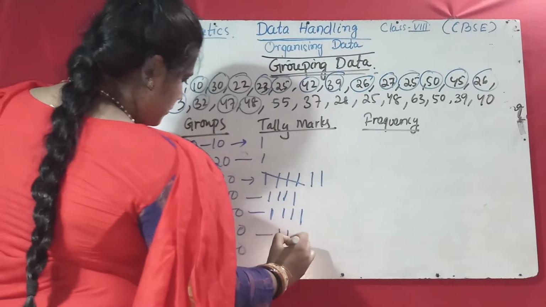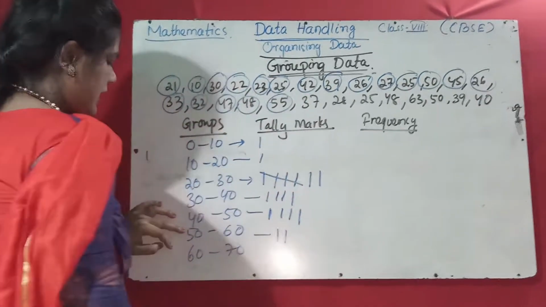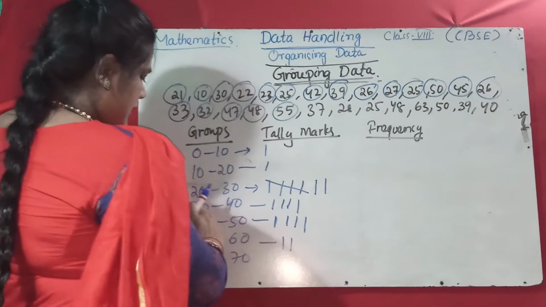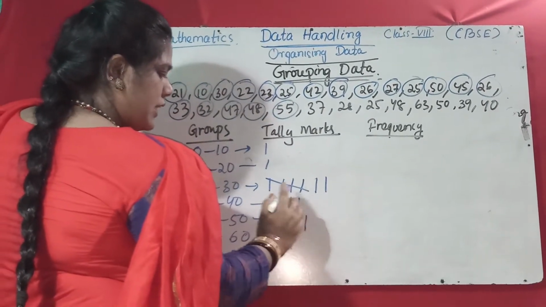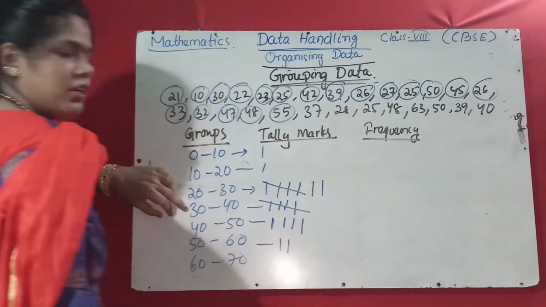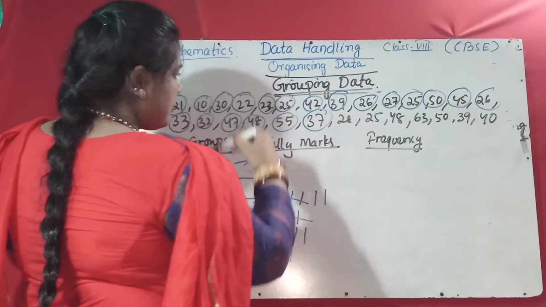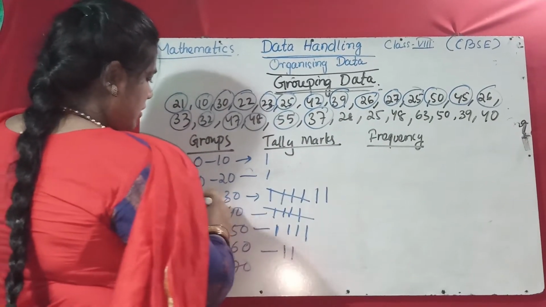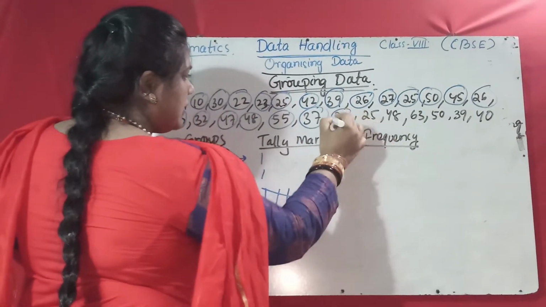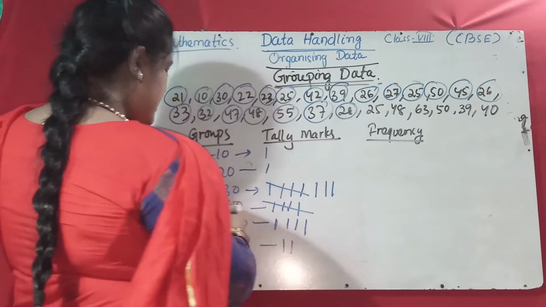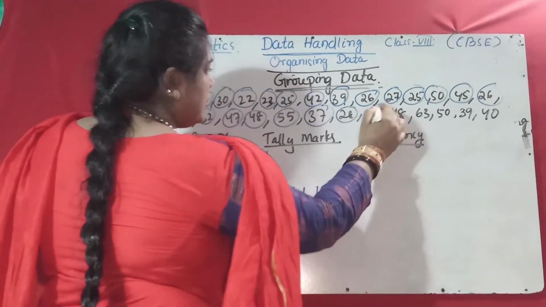55, then 50 to 60. Then 37, again 30 to 40, means here already 4 are there, another fifth one will be, we cross out. Okay, 37. 28, 20 to 30. 25, same 20 to 30.